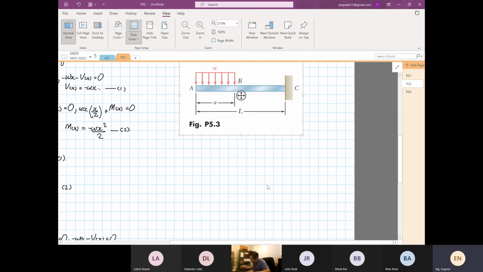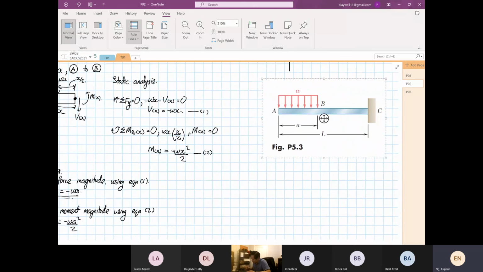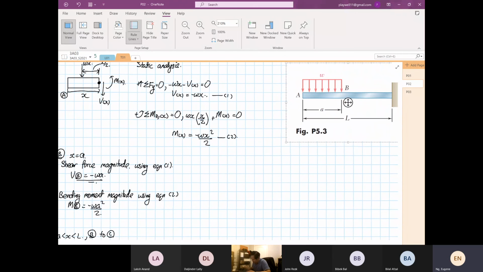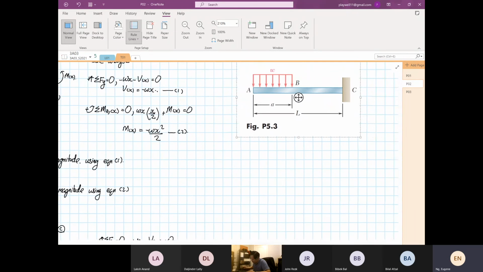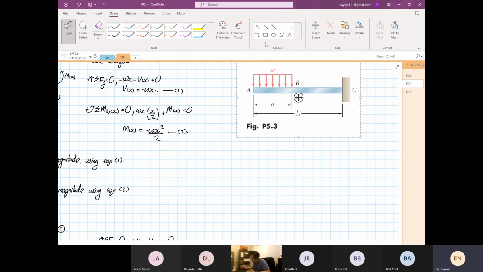So we are going to do our shear force diagram. If we look at our shear force equation, we are going to stop at minus omega A. So everything will be in the minus form, negative shear. So this is our X, and this is our shear force.